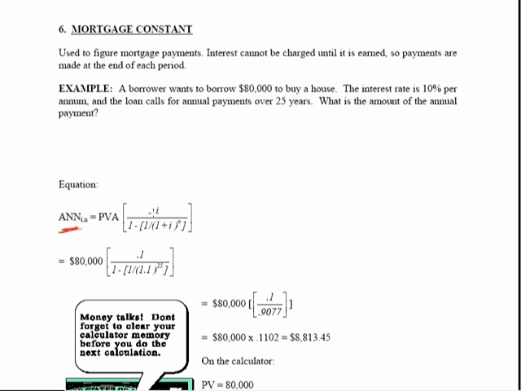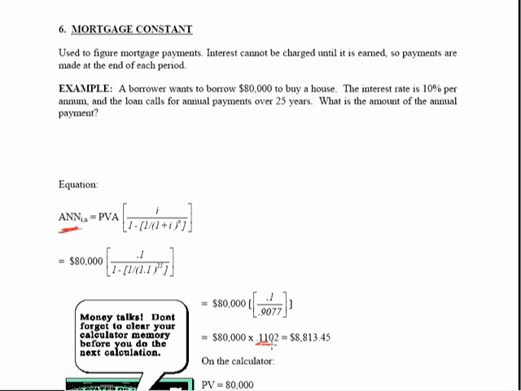The mortgage constant factor is i divided by 1 minus the quantity 1 divided by 1 plus i to the nth power. Here, we have a 10% interest rate per year, so i is 0.1, and n is 25 for 25 years. That mortgage factor breaks down to 0.1102.